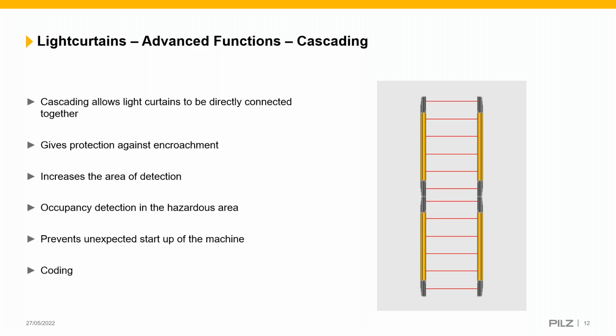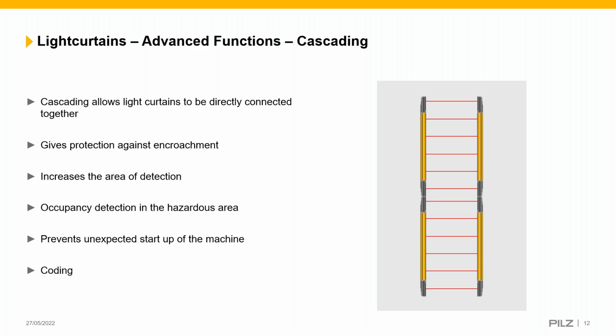As we said before, in an L-shaped formation for encroachment, you could use that same formation but mounted the other way around, so the horizontal one is in the danger zone for occupancy detection. And this might be if somebody has to pass through the light curtain but stand in the danger zone to do something, and you want to detect that they've been there. Because if you've gone through a vertical light curtain and then once it's remade, it's possible to restart the machine.